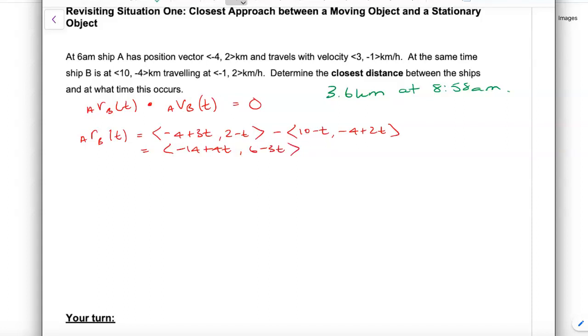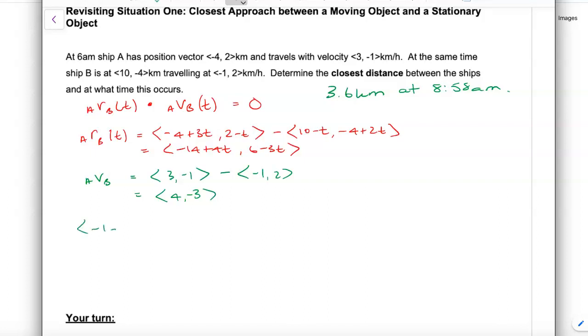Let's work out the velocity of A relative to B. That's just going to be the velocity of A, 3, -1, take the velocity of B, -1, 2, and we get 4 and -3. Okay, so let's work out the scalar product.